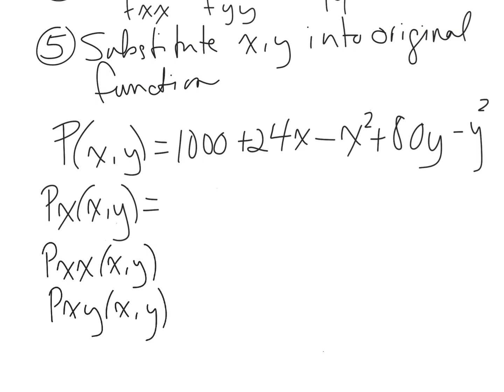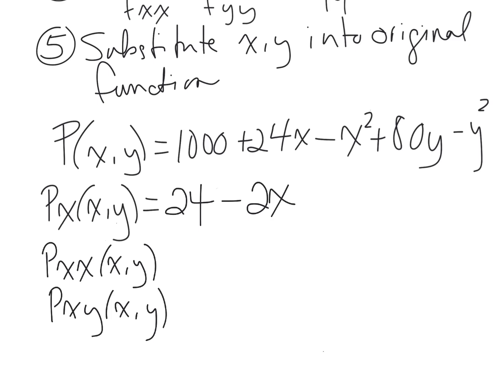So the first derivative with respect to x, that means we're considering anything with just a y variable as a constant. So I'm looking at the first derivative, 24x, the derivative is 24, minus 2x, that would be the derivative of minus x squared, and then 80y and minus y squared are considered constants here, and so the derivative will be 0.